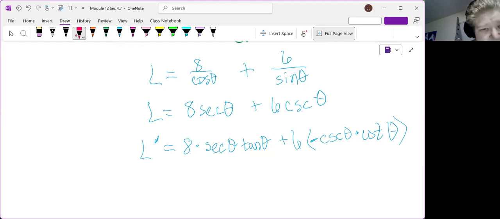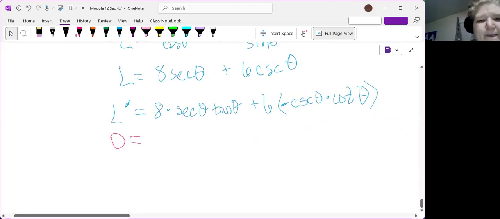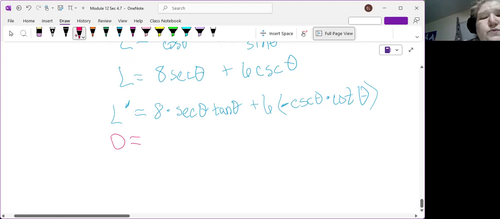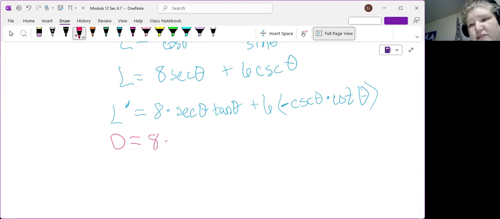And now we can set it equal to 0. It is a crazy equation all in terms of theta. It can be solved. You're going to not really like yourself, but we can do it. So what I'm going to do here is I'm going to write these in terms of sine and cosine because dealing with this mess is like, no, thank you.